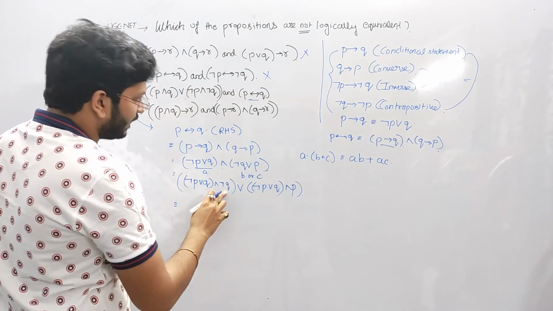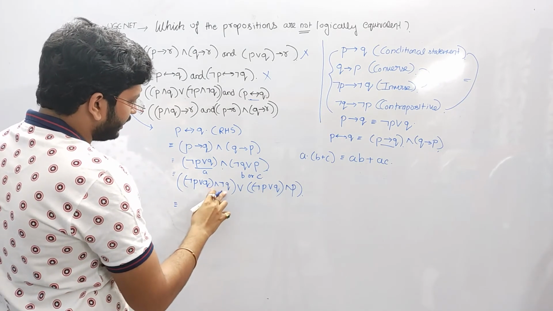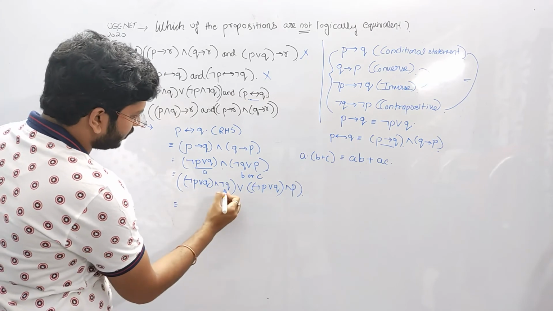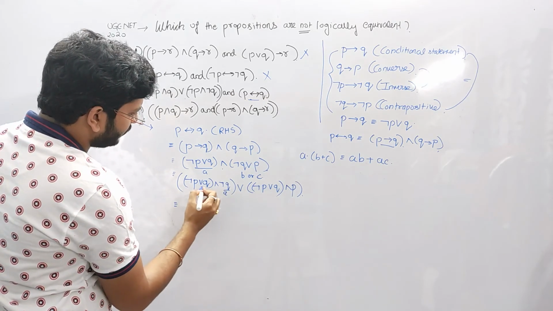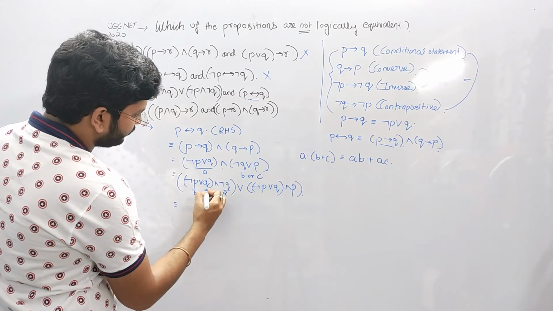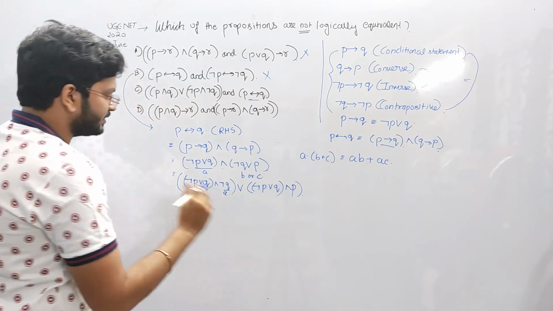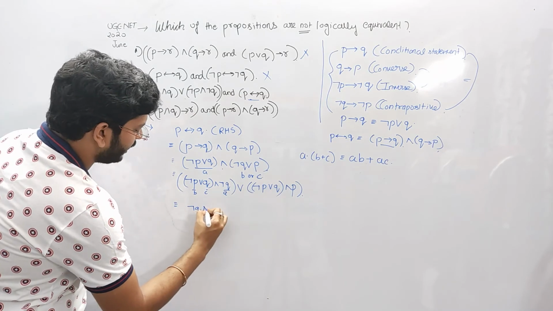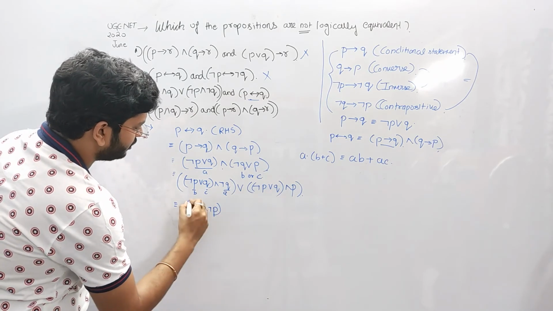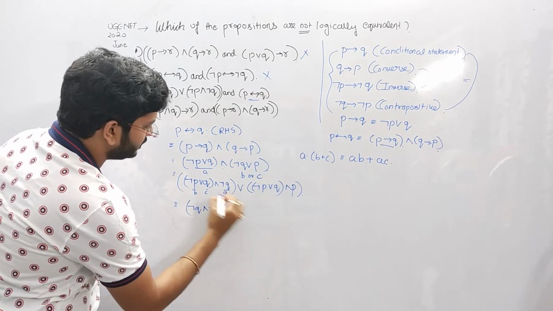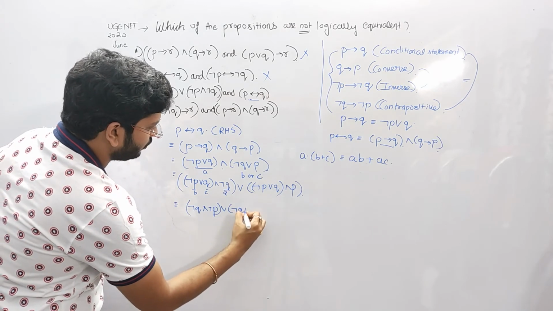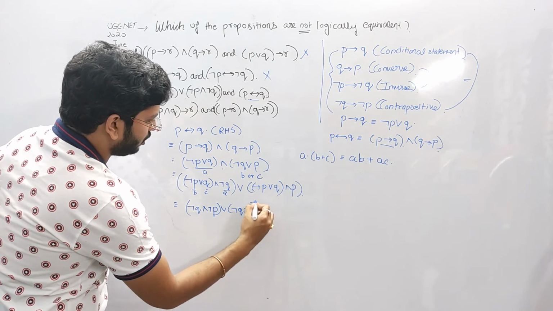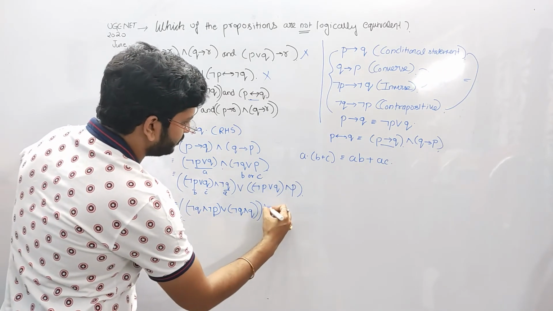Here again we have to apply the distributive law, that is A and B or C, that is this one is A, and taking any one of them as B and C. A and B or C, that is AB, that is negation Q and negation P, or AC, that is negation Q and Q. We have the bracket, we have an or in between.